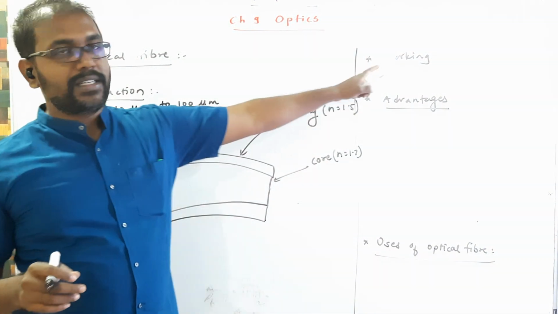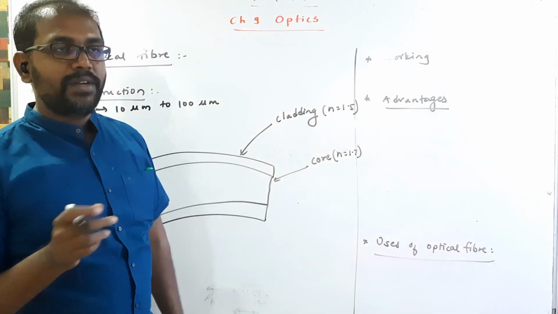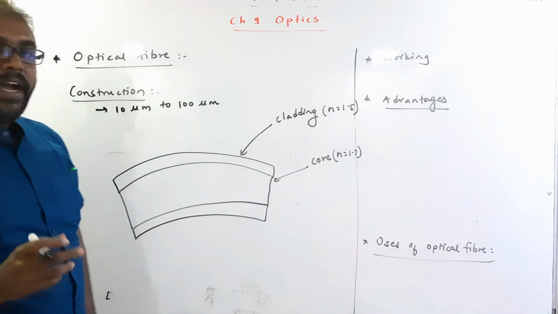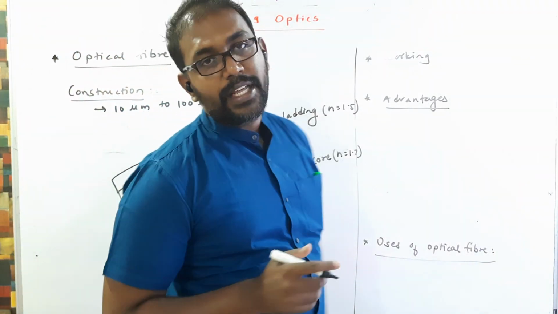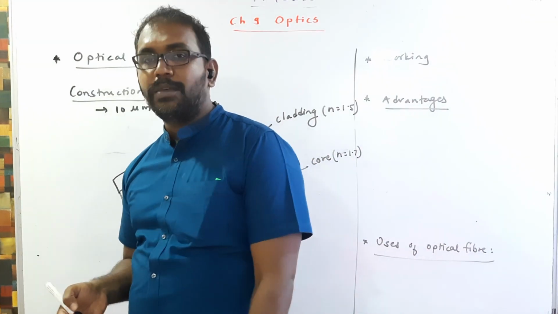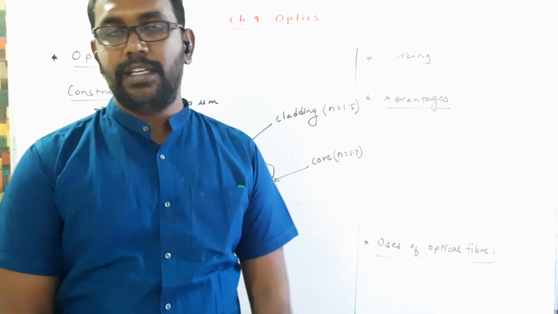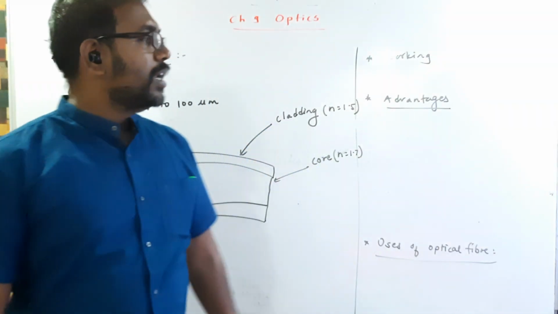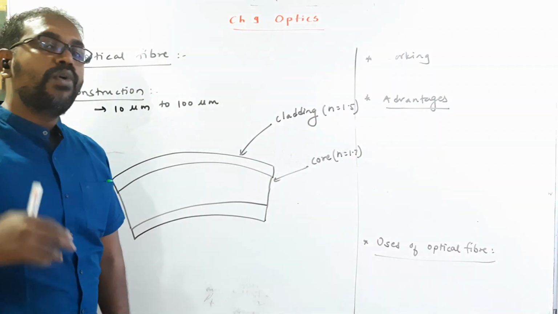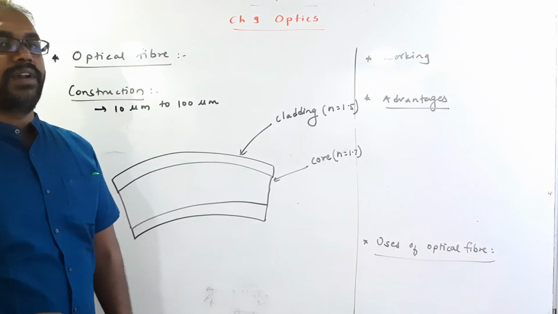Now how does it work? That we have to understand. Before the working, let me tell you, I told you denser medium and rare medium. You remember, the one whose density is more is the denser medium, and rare means the one whose density is lesser is the rare medium. The denser medium has a higher refractive index compared to the rare medium.